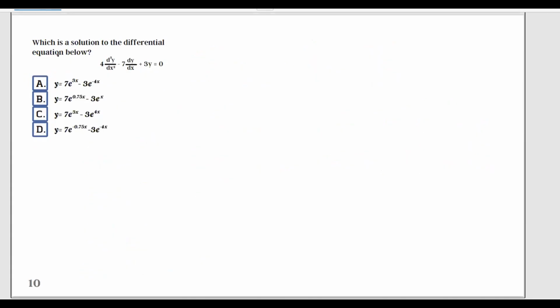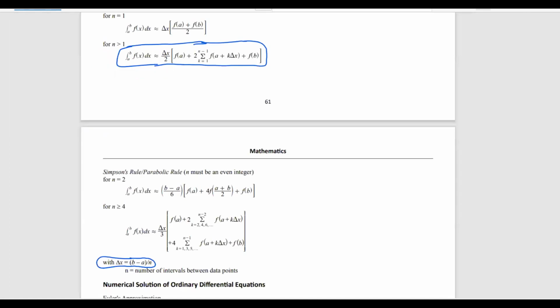Now let's go to the next problem, which is a solution to the differential equation below. Looking at this example, I hope you recognize where to find this in the FE handbook. Let's come here. We're going to try and find differential equations.